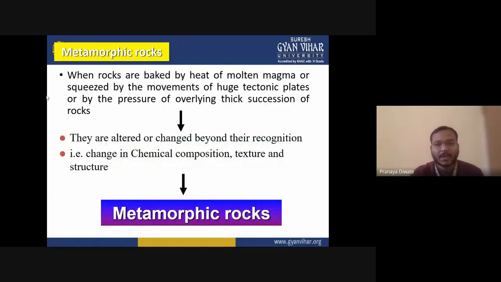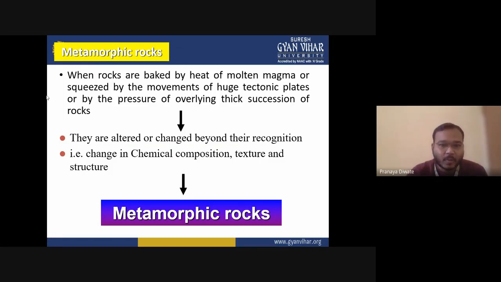So how does the metamorphic rock form? When rocks are baked by the heat of molten magma, or squeezed by the movement of huge tectonic plates, or by the pressure of an overlying thick succession of rock. This condition happens very fast, when the rocks are baked.